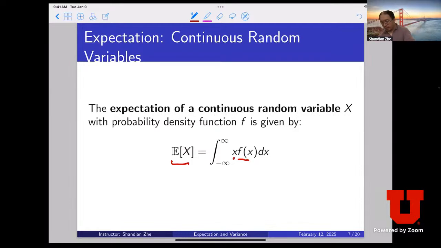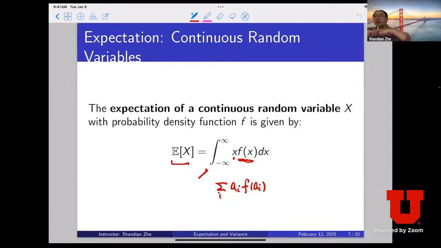In the discrete case, we look at every value X can take, denoted a_i, times the PMF at a_i. Now for a continuous random variable, we have a continuous PDF function, and the summation is extended to integration.